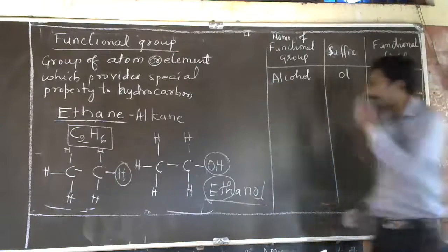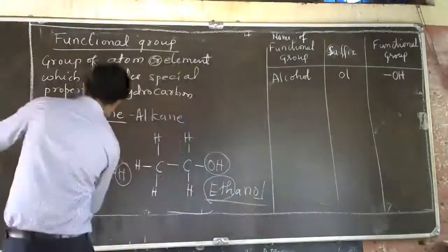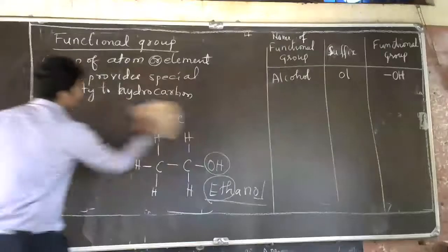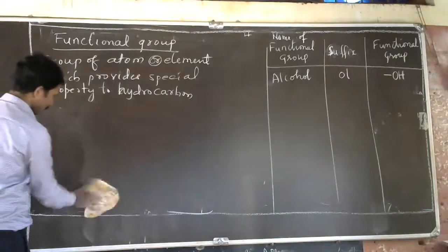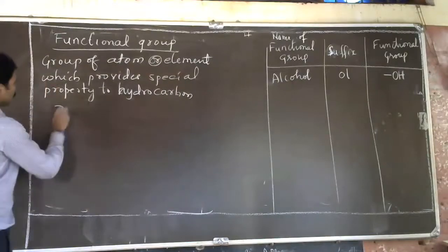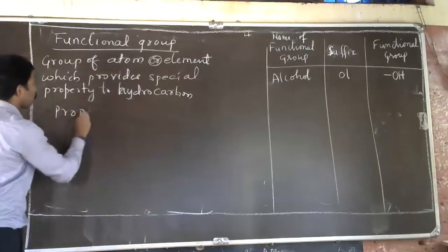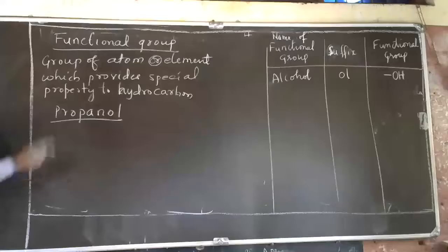See here. So one more example I'll give, so you will have a clear-cut idea about how to write the molecular formula and structural formula. Propanol. In the exam they give the name like this, and you have to write the structural and molecular formula for this.